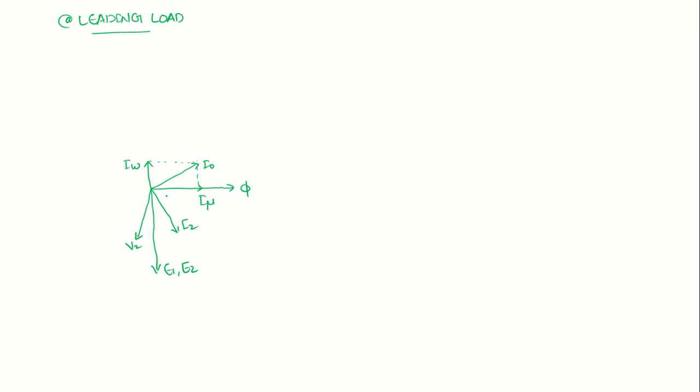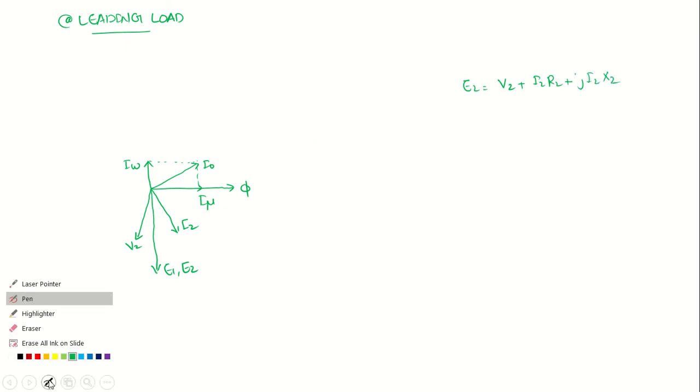Now നമുക്ക് equations എഴുതാം. The last equation is E2 is equal to V2 plus I2 R2 plus J I2 X2. This is V2.